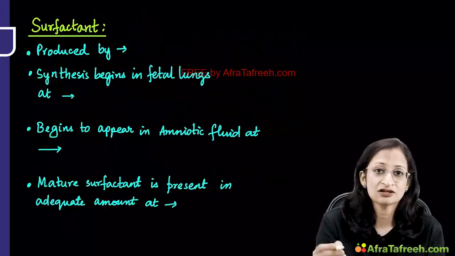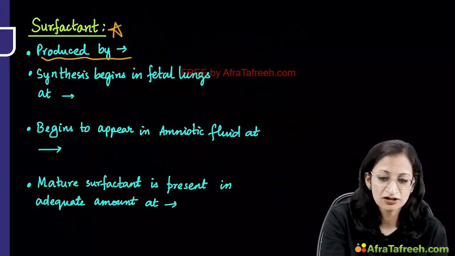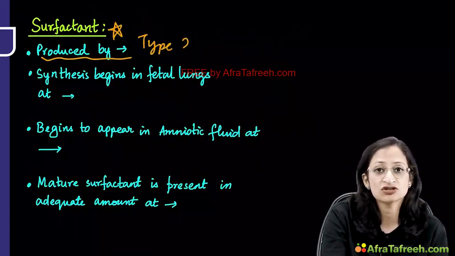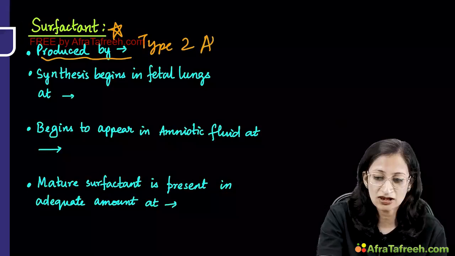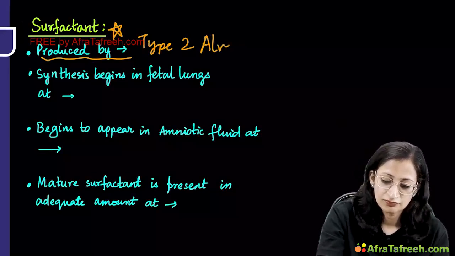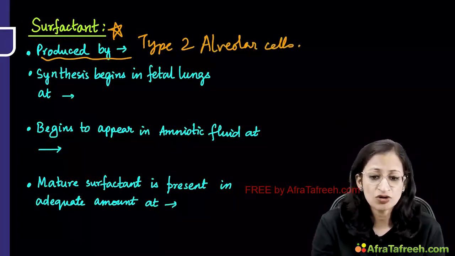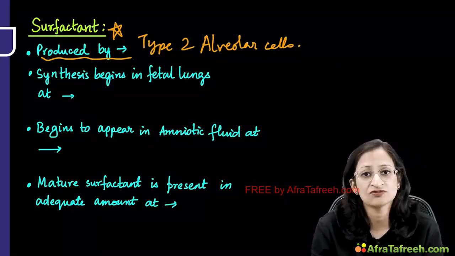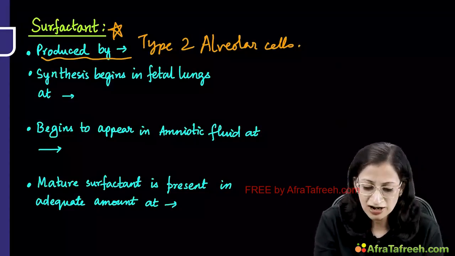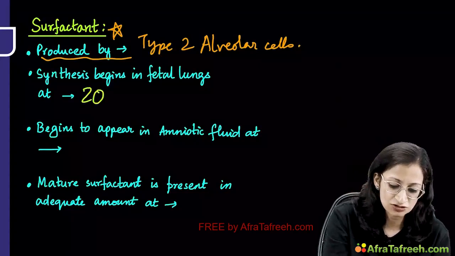Now this has been asked previously, very important: surfactant is produced by type 2 alveolar cells, or pneumocytes. And it is very important to know the timeline of production of surfactant. Synthesis begins in the fetal lungs around 20 weeks of gestation.